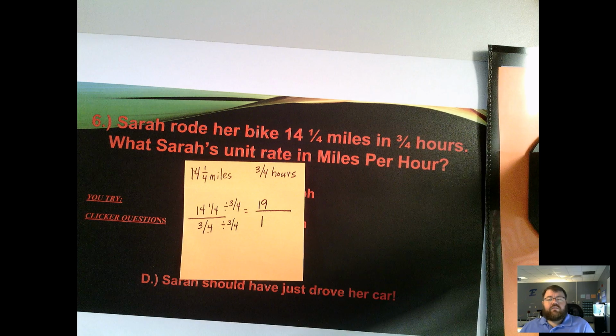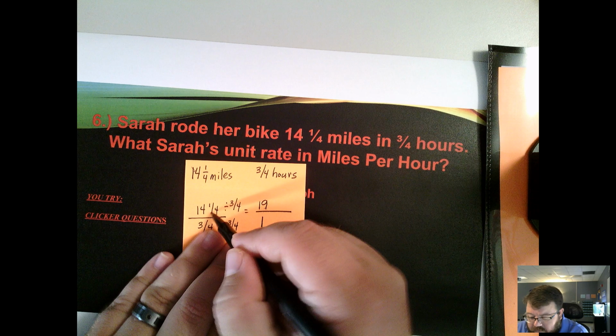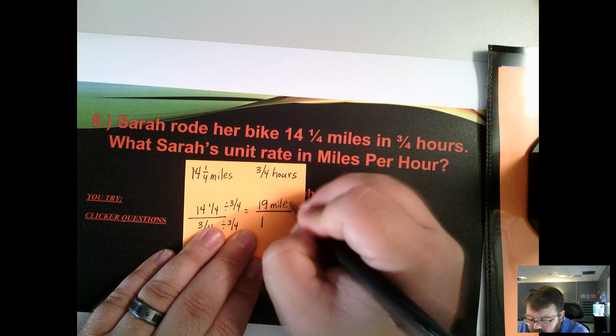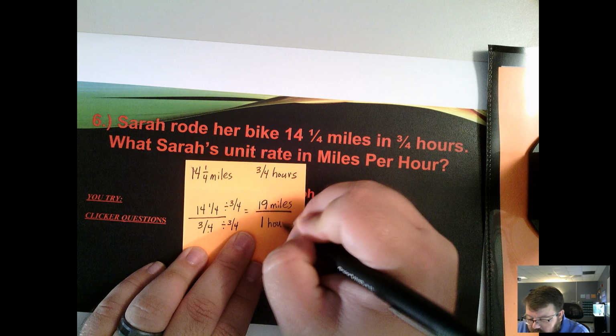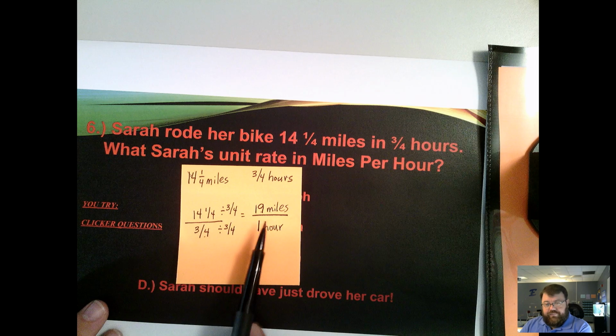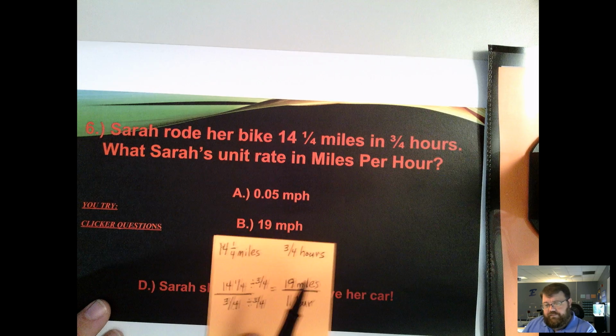Now without units, this doesn't make sense. So we have 19, 14 1/4 was miles, so 19 miles. 3/4 was hours. So this person, Sarah, can ride a bike 19 miles in 1 hour, which is B.